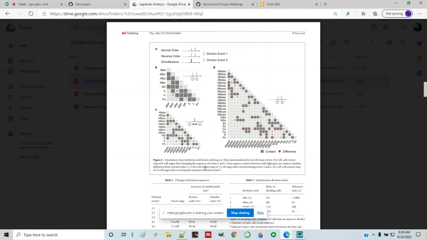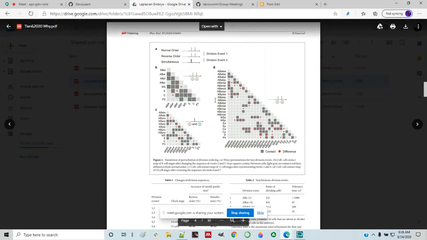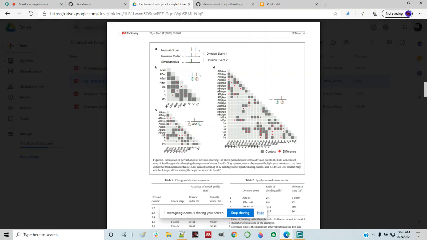C is cell-cell contact map of 12 cell stages after synchronizing events 3 and 4. So again, they play around with the timing of cell division, and they look at the contact between cells. And then D is the cell-cell contact map of the 24 cell stage after reversing the sequence of events 6 and 7. So you see that there's this contact map.